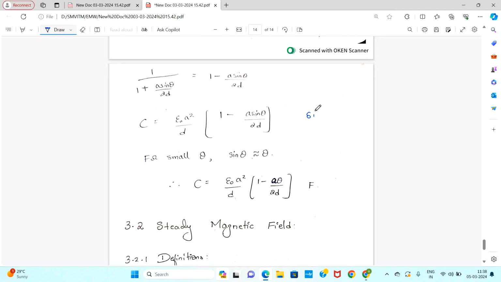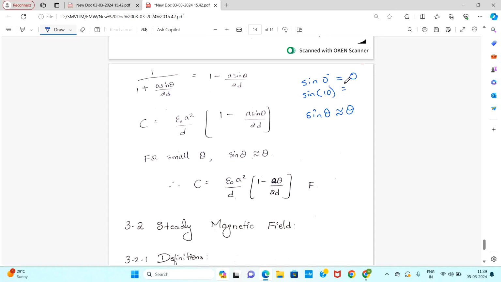Whenever you have a very small angle, the sine theta value can be approximately written as theta itself. Do you know what is sine 0? Sine 0 is 0, right? If I take any other small value like the sine of 10 degrees, let's see what is the value of sine 10.